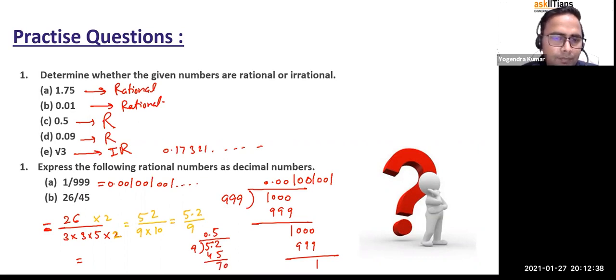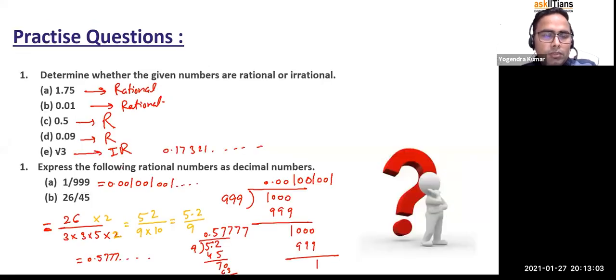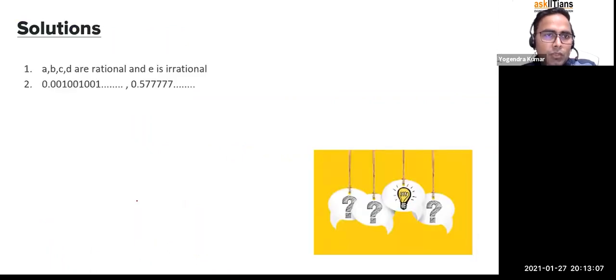Now 9 sevens are 63, again 7, so 7 7 like this. So 0.5777, like this it will be repeating, right? So these are the exact answers we have here. I hope you got the points. I hope it is clear, right? Both these solutions make sense, I think. That's what we have.